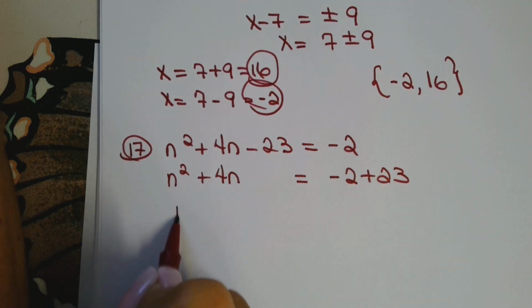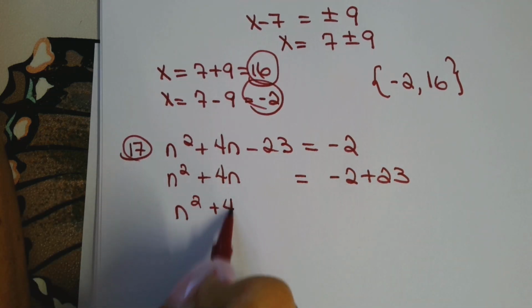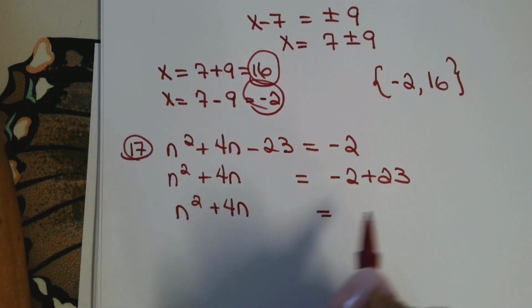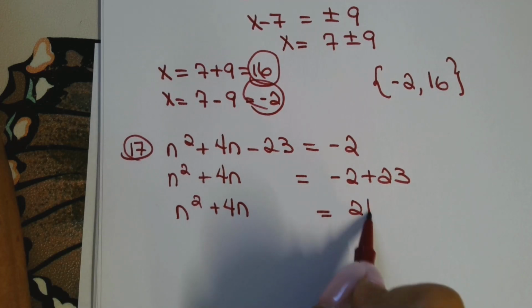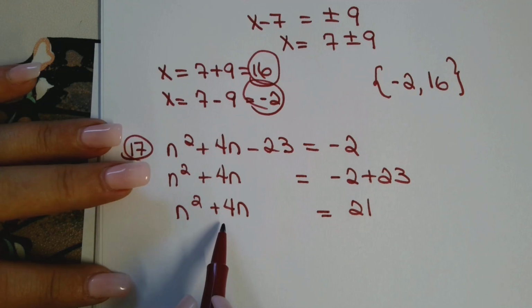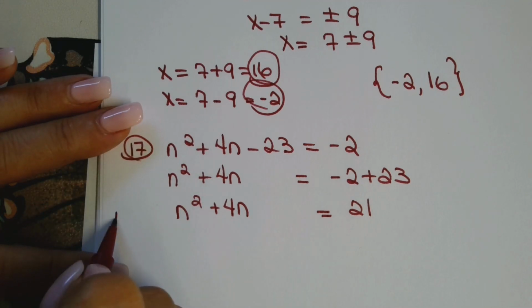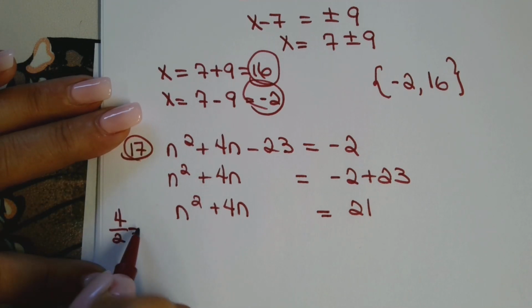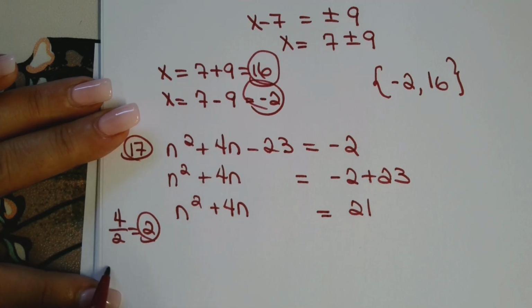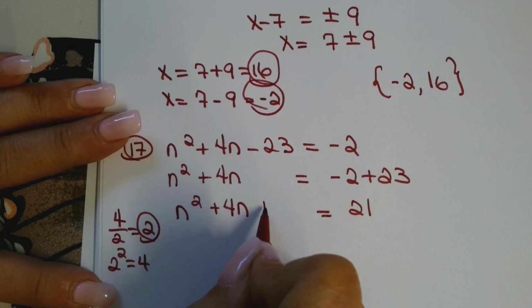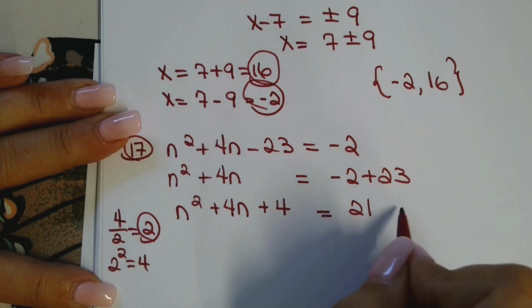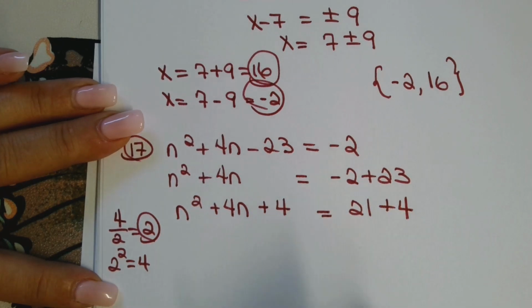I'm just going to rewrite this. So that's going to be 21. My b is 4, so 4 divided by 2 is 2. Remember that, and 2 squared is 4. So I'm going to add 4 to both sides.